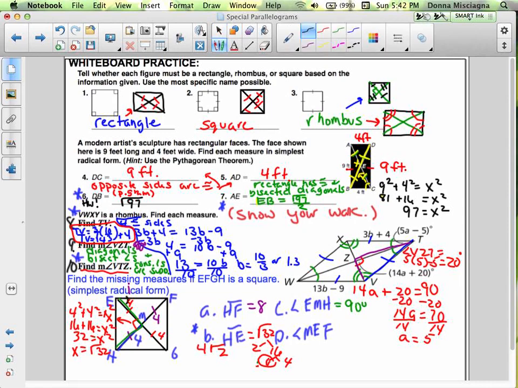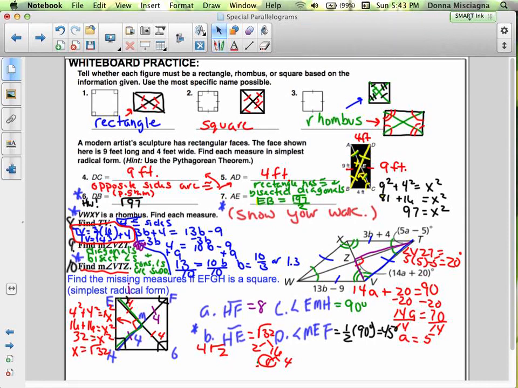That's this angle here, right? All of these angles are right angles, because it's a rectangle. A square is a type of rectangle, and because a square is a type of rhombus, the diagonals bisect the opposite angles. So this angle MEF is just half of 90 degrees, which is 45 degrees.